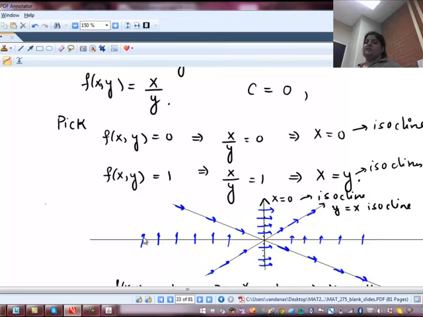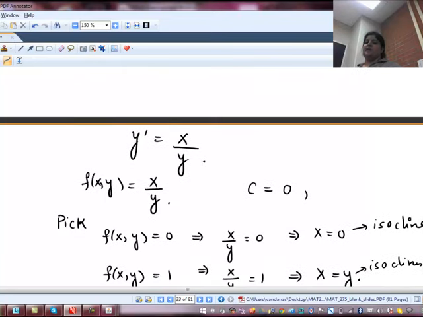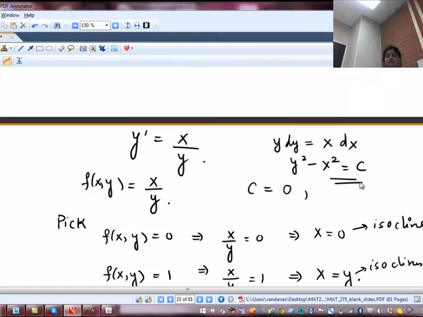Now you can see that this differential equation I can solve. It is y prime equals x over y, so y dy is equal to x dx, which gives me y squared minus x squared is a constant. Hyperbolas, right?